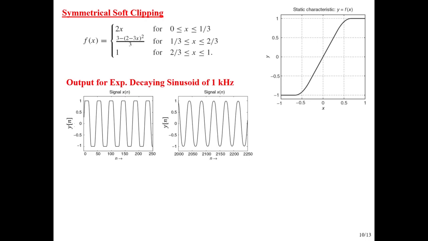And the way that reference 2 shows how this behaves is it puts in an exponentially decaying sinusoid of 1 kilohertz. I don't think they give much detail on what the exponential level starts at and how fast it decays. You can actually deduce that if you're clever, but it's not important.